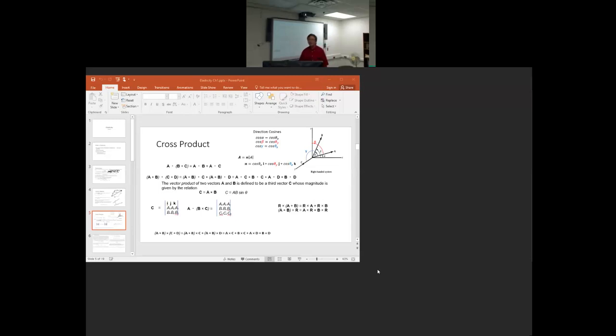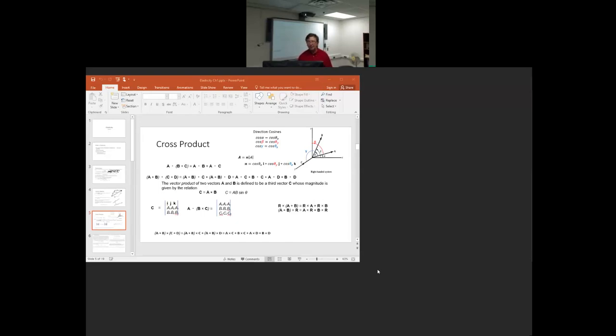So you can see here in this corner the direction cosines as they are defined. Sometimes we use alpha, beta, gamma, sometimes theta x, theta y, theta z. It depends on the textbook or convenience, whichever we like.